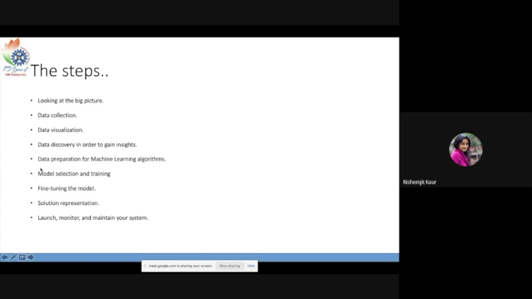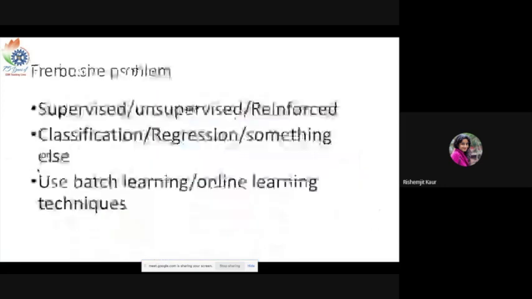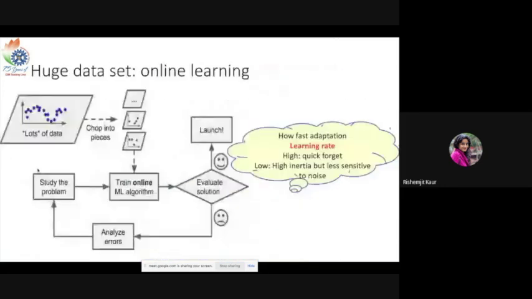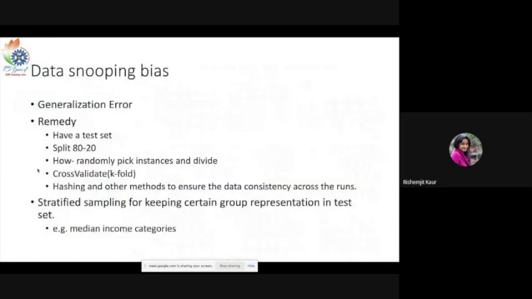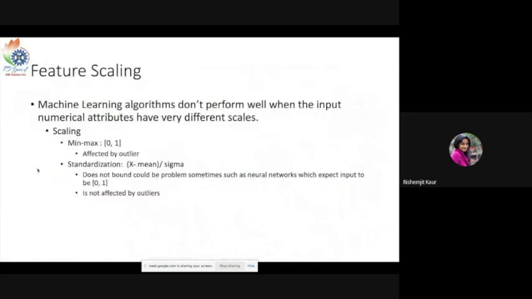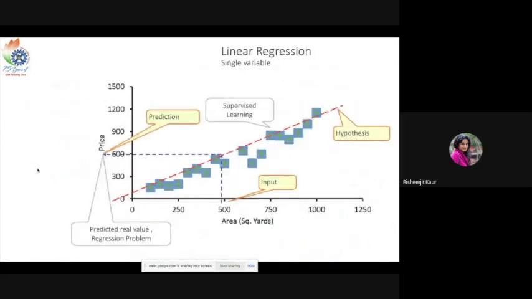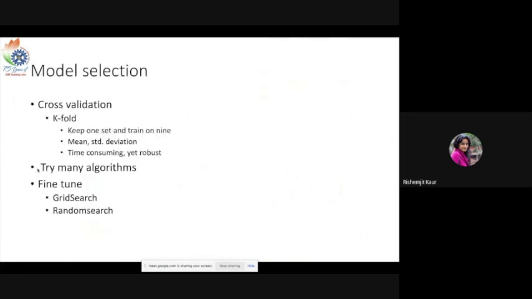Now we are on to this part, which is model selection and training, fine tuning the model, solution representation, then launch, monitor, and maintain your system, right? So when we talk about model selection and training, in this case, now we know it is a regression problem, so we have to use a regression model, right? So what we do is we develop, let's say, a model.